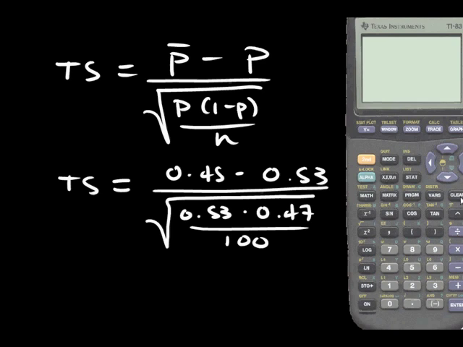Enter this on our calculator. Put parentheses around the numerator so we can tell the calculator to deduce the difference as the numerator, divide by the square root of 0.53 times 0.47 divided by 100.